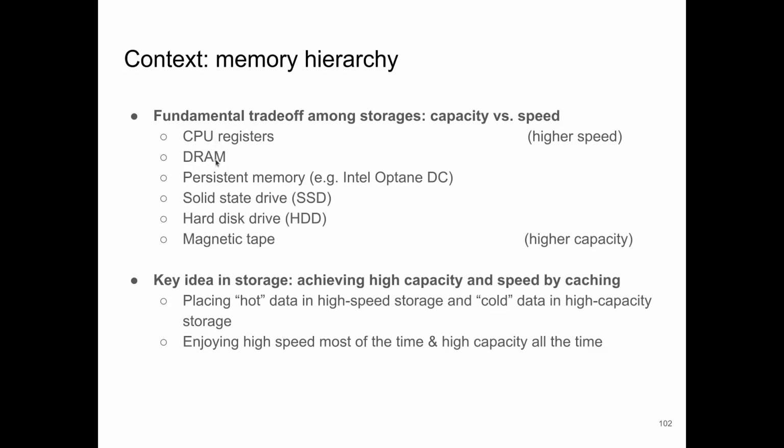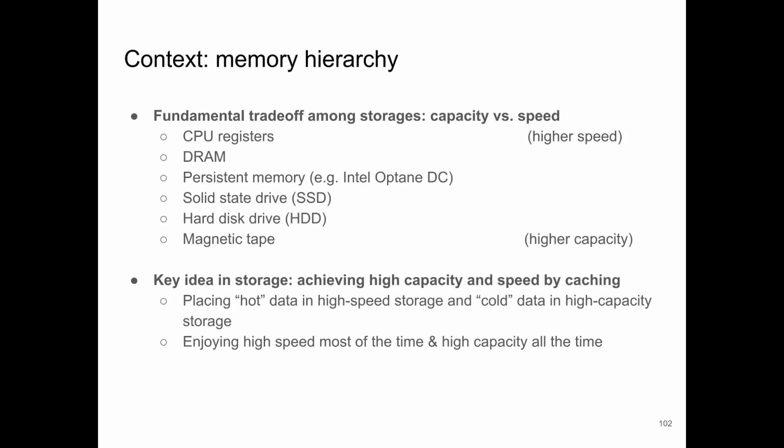Persistent memory, solid-state disk, hard disk drives, and magnetic tape have higher capacity. Even a single hard disk drive is 20 terabytes these days, but it has much lower speed.